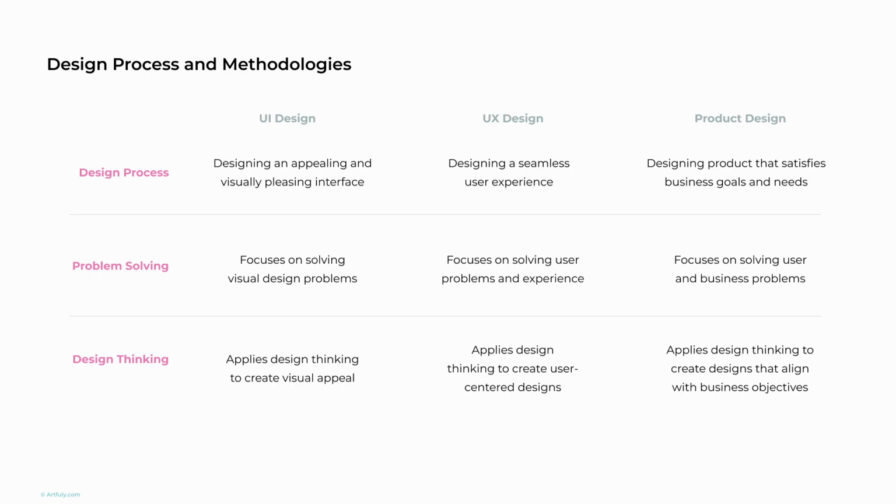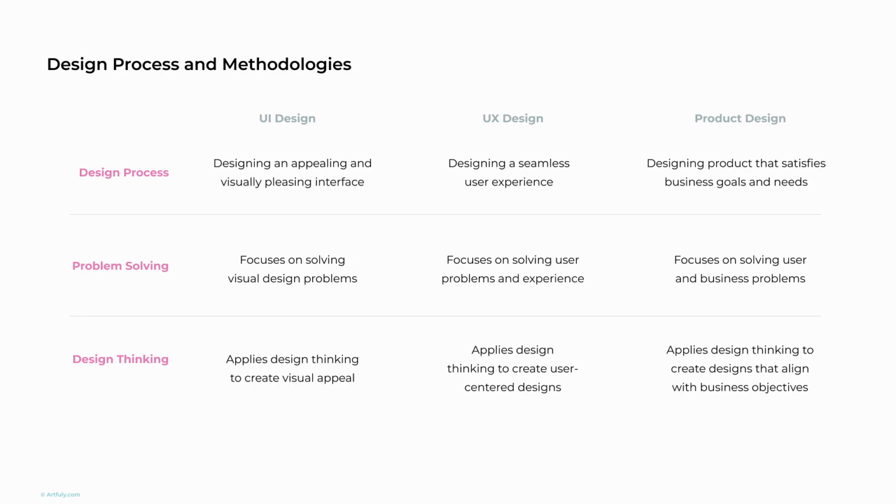Problem solving is for UI visual design problems, for UX experience problems, and for product design, it's more about business problems. The design thinking with regard to UI design is just visual appeal. With UX, it's about creating user-centered designs.